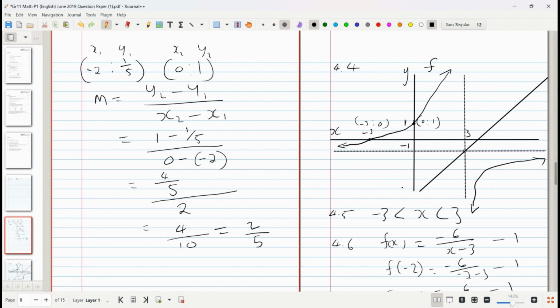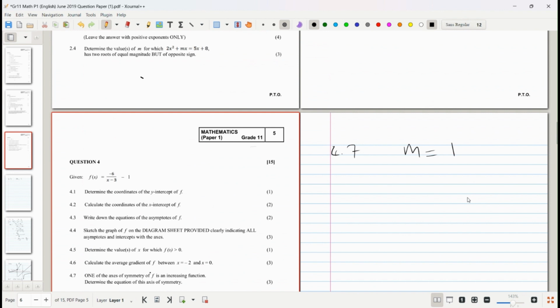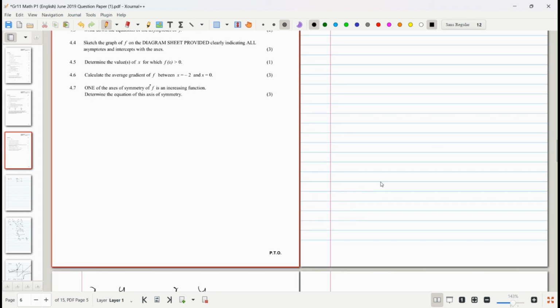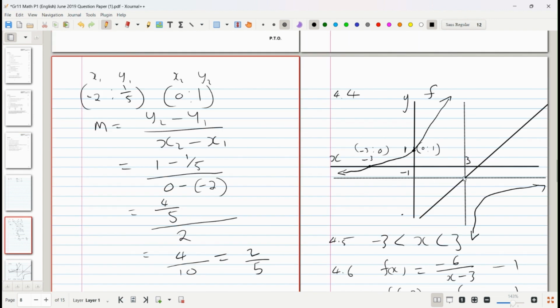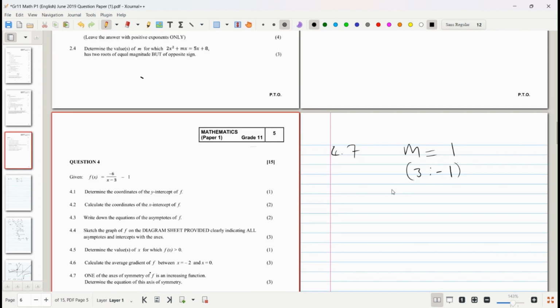You can see this 3 here and -1. So we know the coordinates. The coordinates are (3, -1). So what do we still need to find? We still need to find where this graph cuts. We don't know what c is.